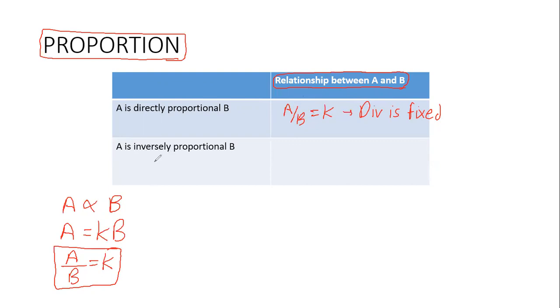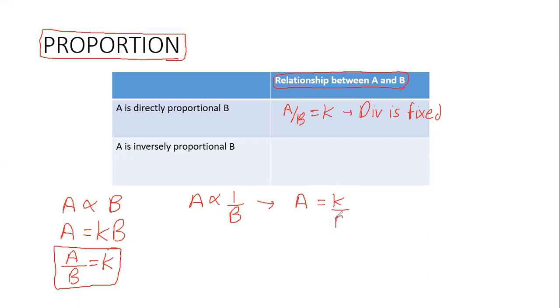Similarly, when I say A is inversely proportional to B, I'll express it like this. And if I want to remove that proportionality sign, I'll multiply it with a constant of proportionality.